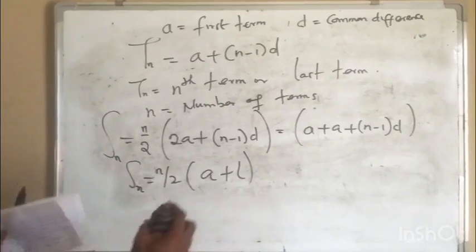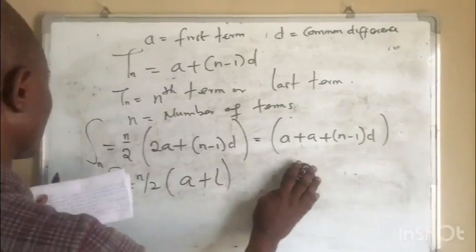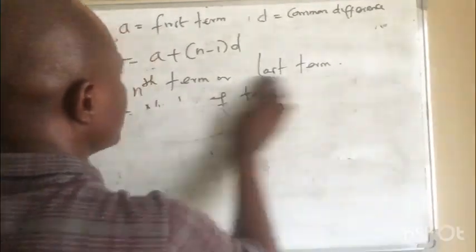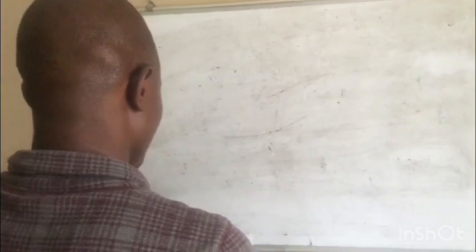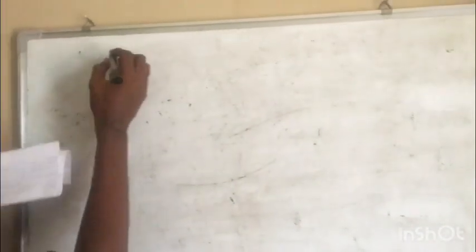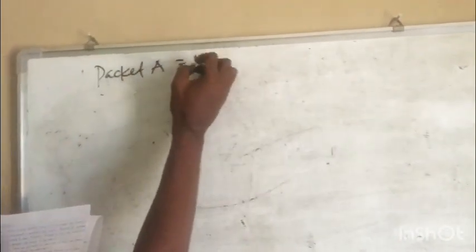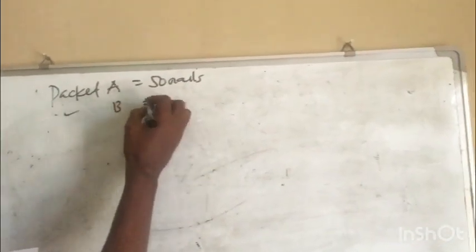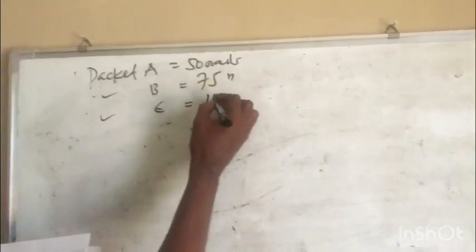Now, because we know this concept, let's go to that question and solve it with this little understanding we have about AP: we know the common difference, the nth term, and the sum, so we can apply it. If we check the sequence in this question, packet A has 50 names, packet B 75 names, packet C 100 names.